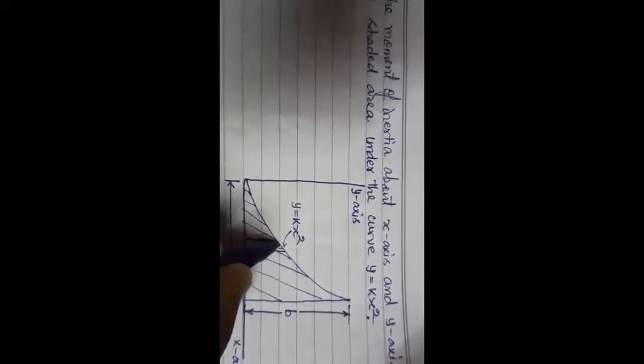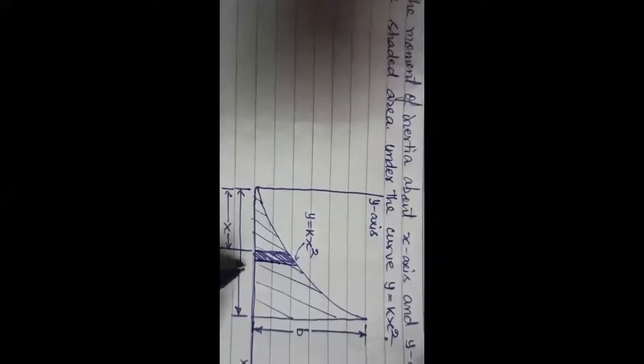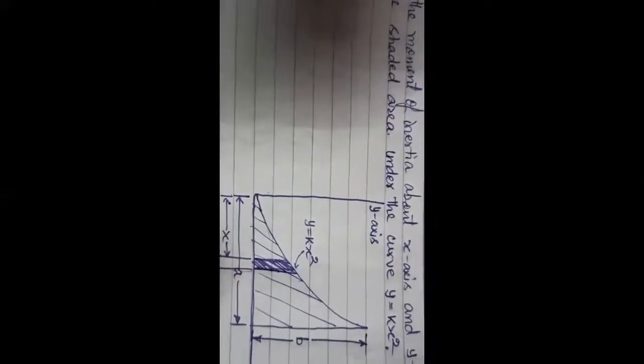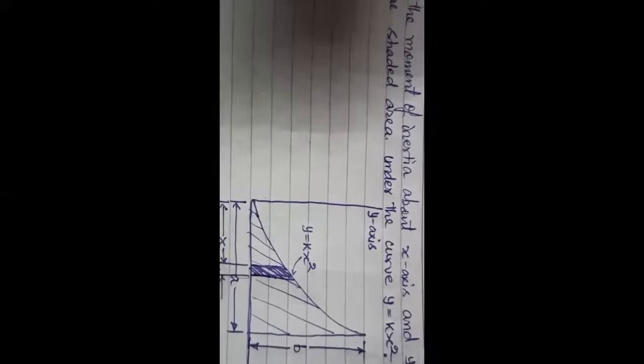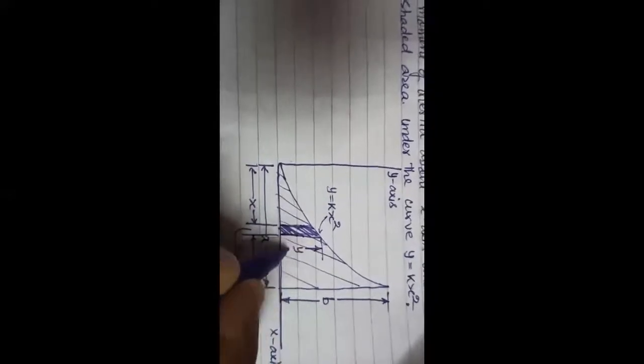Now for this we will take a strip in this area, as earlier. This is at a distance x, the thickness of this strip is dx, and the height is y.